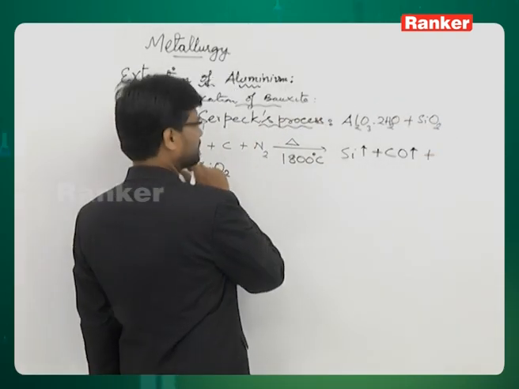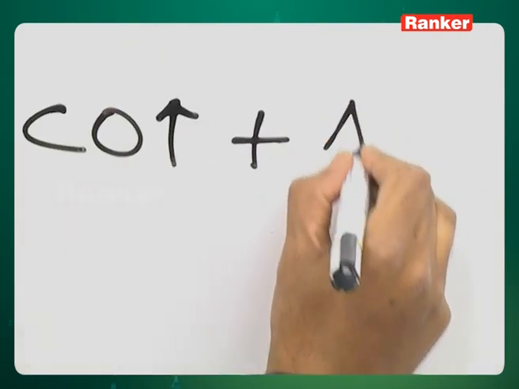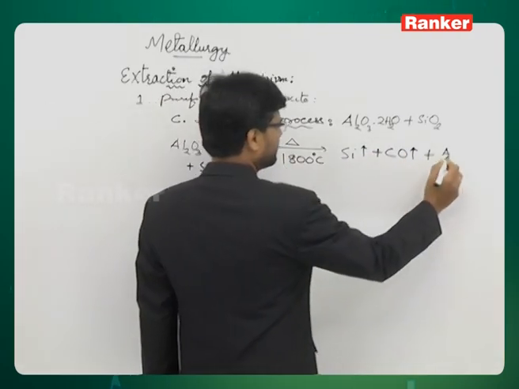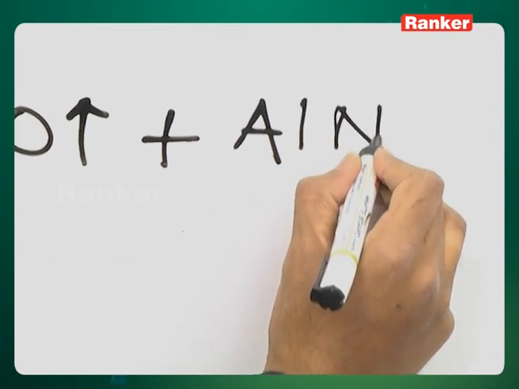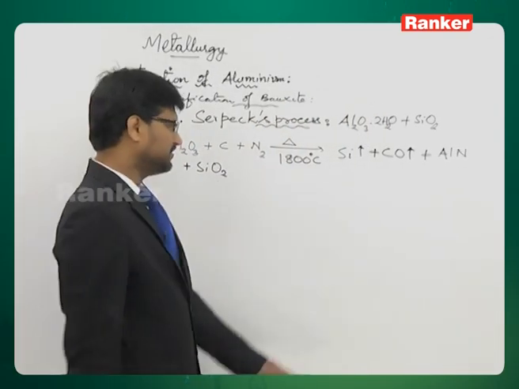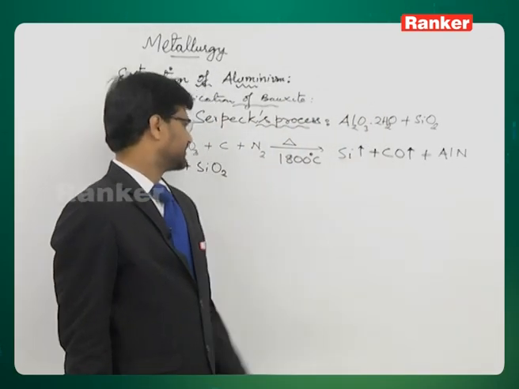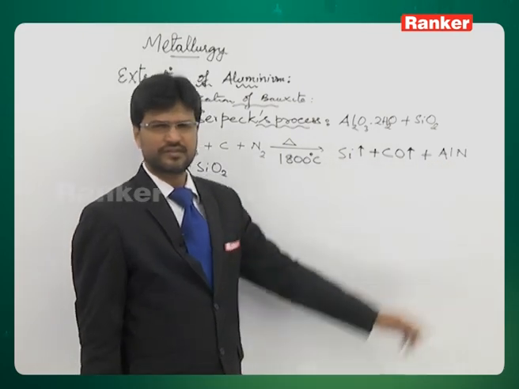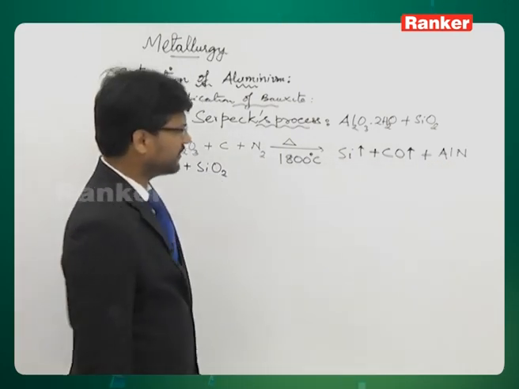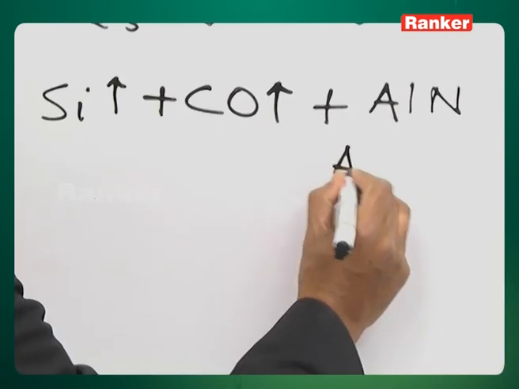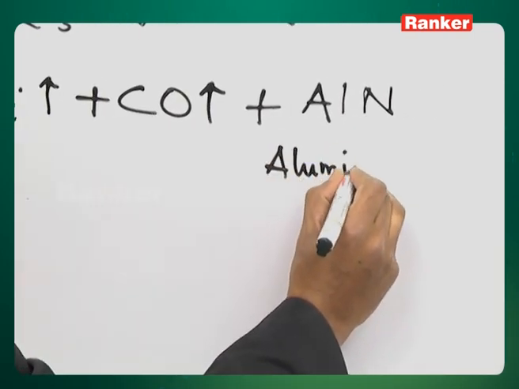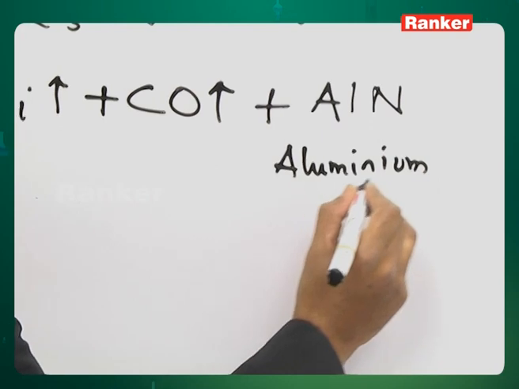Al2O3 also will be reduced to Al, and then subsequently it reacts with nitrogen and you get AlN. These two are volatile substances, they escape out. What is left at the end is AlN, called aluminium nitride.